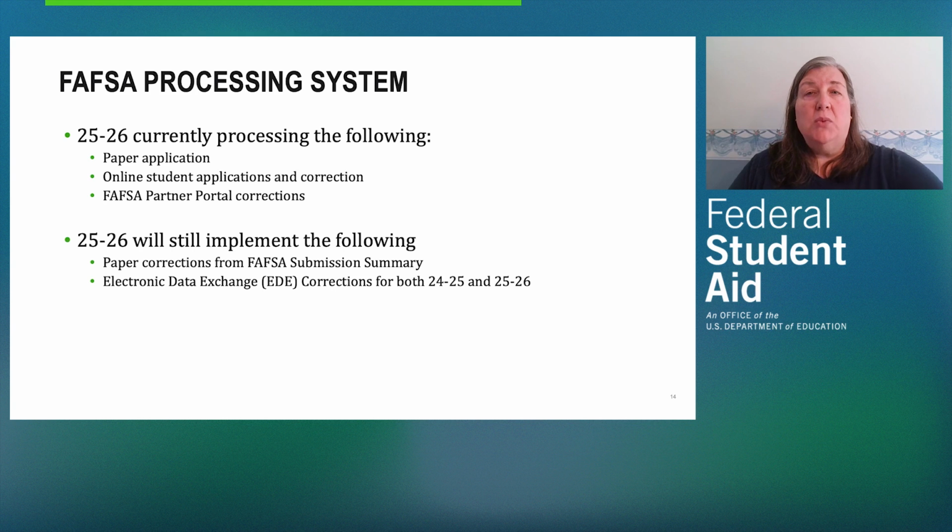And then also what we will be implementing later on in this year will be what we call our electronic data exchange corrections, EDE corrections. Some people call them batch corrections. This is where schools or third-party software products can send us files of corrections that they want to have applied to FAFSA applications.